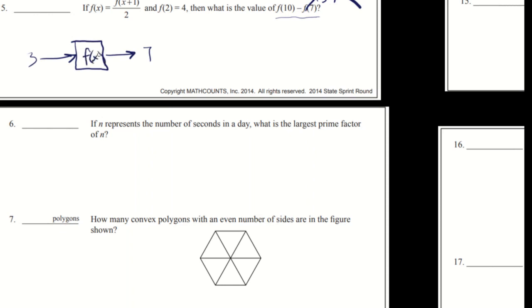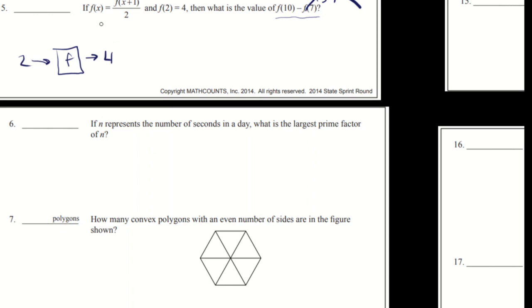And so what this is saying is that if you stick some number plus 1 into the function and you divide it by 2, you'll get the same thing as just sticking that number into the function. So if you stick 2 into the function f, you're going to get out 4.